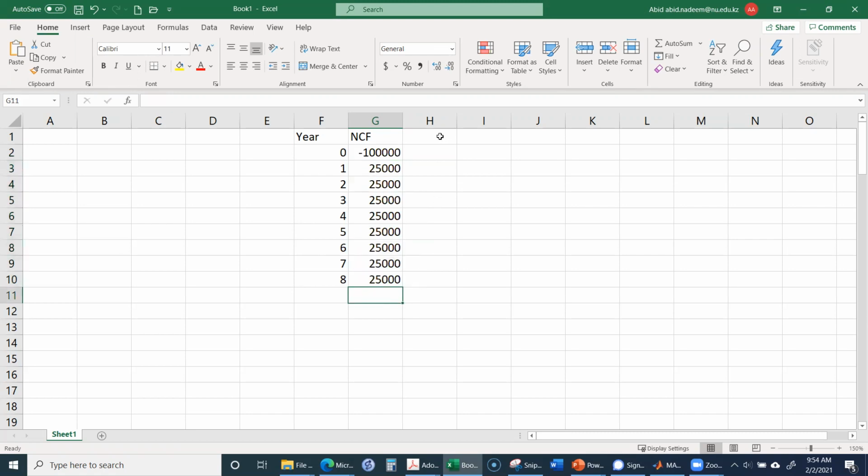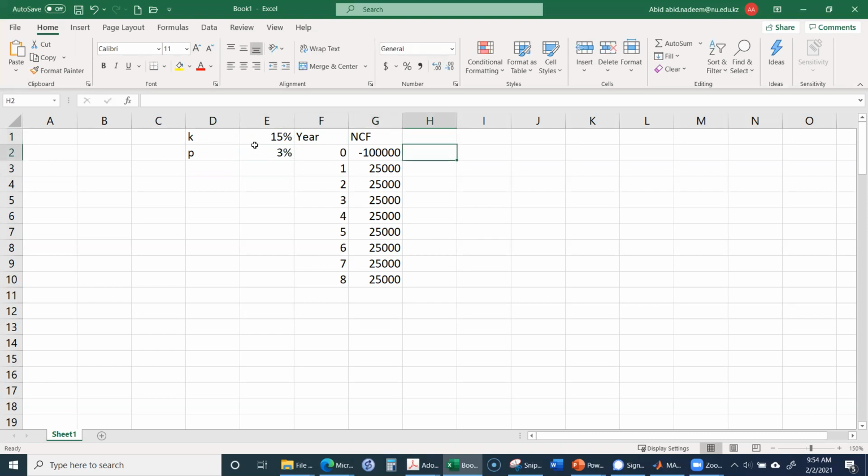So we can perform the discounted cash flow analysis using the hurdle rate, that is the interest rate, represented by K over here, which is 15%, and the inflation rate, represented by P or rho over here, which is 3%.